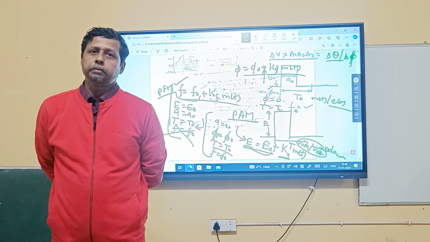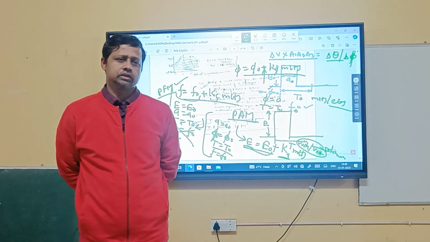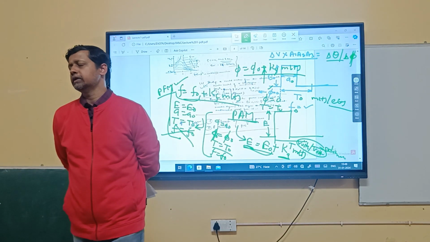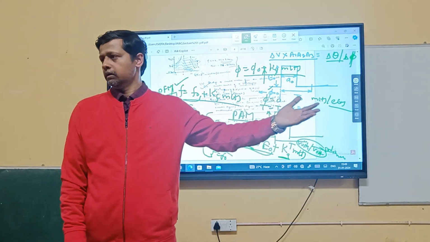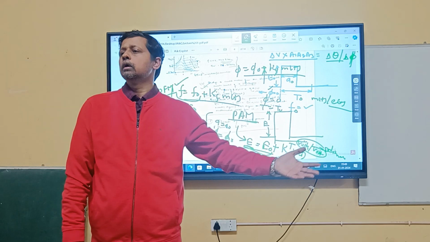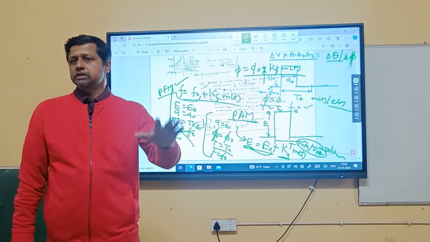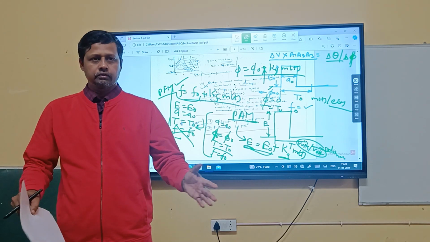But pulse time modulation is something we don't do because it's not advisable. Because if I am interested to do modulation, I will always jump to the frequency plane first of all. It is always desirable to apply because of its distinguished advantages. Because you want to calculate bandwidth, where do you calculate? On the frequency plane.